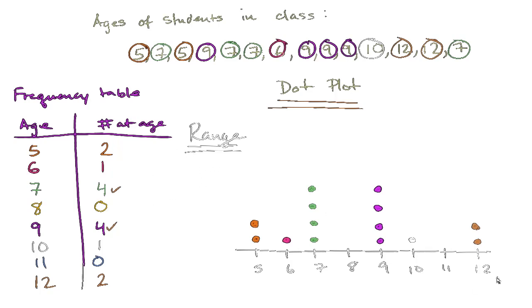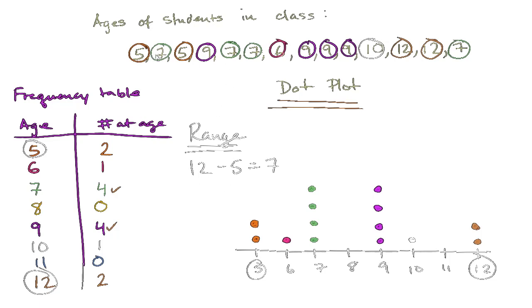Well, we see from the dot plot, it is 12. And the minimum age you see is 5. So there's a range of 7. The difference between the maximum and the minimum is 7. But you could have also done that over here. You could say, hey, the maximum age here is 12, minimum age here is 5, and so you find the difference between 12 and 5, which is 7.